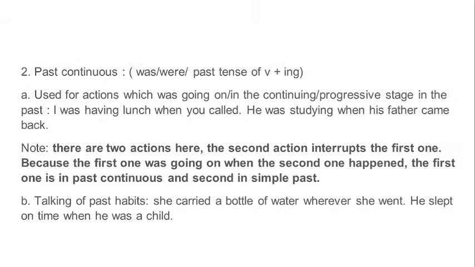Okay, coming to the second one, the past continuous form of tense. How do we use that? For actions which were going on, continuing, or in the progressive stage in the past. It was going on in the past, in the process, a live process, I should say.